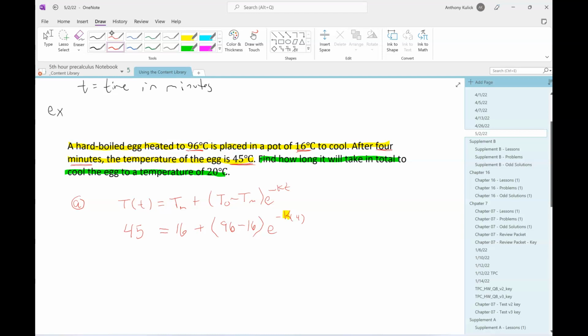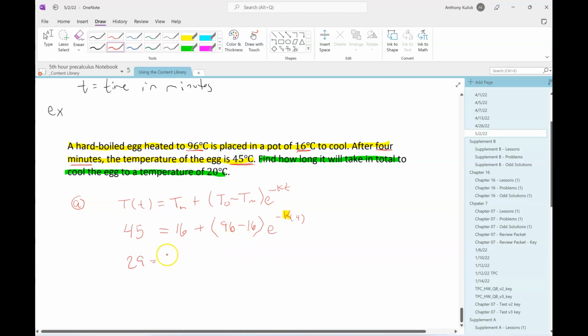First step I'd want to do is subtract the 16. Very good. When I do that, I get 29. 96 minus 16 is 80. And 4 times k is 4k.